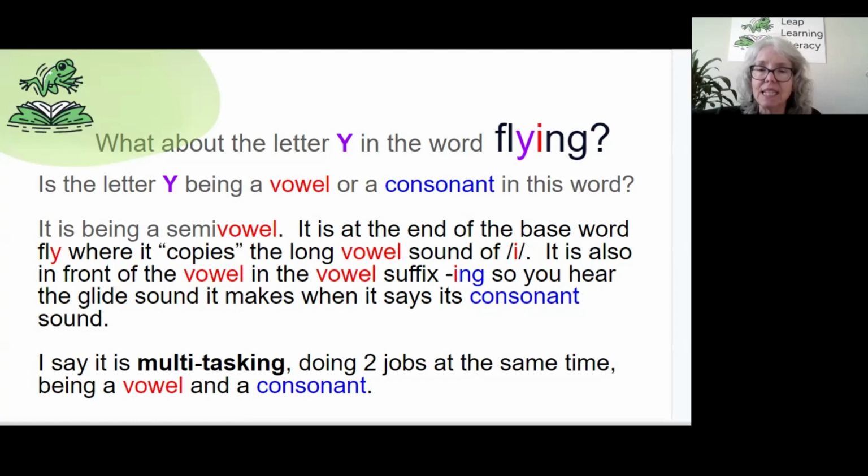Listen as I say the word. Flying. If I say it slowly, you can hear the I. You can also hear the glide. Flying. It sounds like a Y too. I say it's multitasking, doing two jobs at the same time, being a vowel and a consonant.